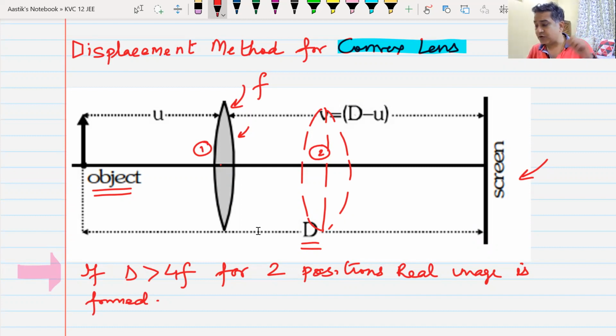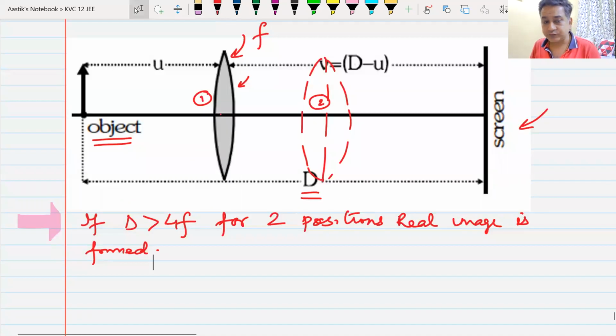In this diagram, what you have to remember is the distance between the object and the screen is capital D. The focal length of the lens is F. These are the two things that are given to you. What are the two things that are given to you? The two things that are given to you are D and F. So everything that we calculate is in terms of D and F. Do we understand this?